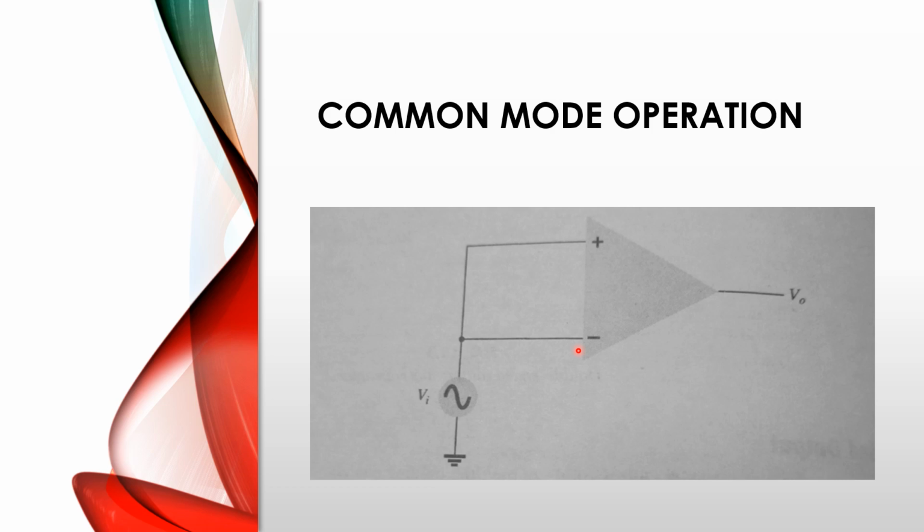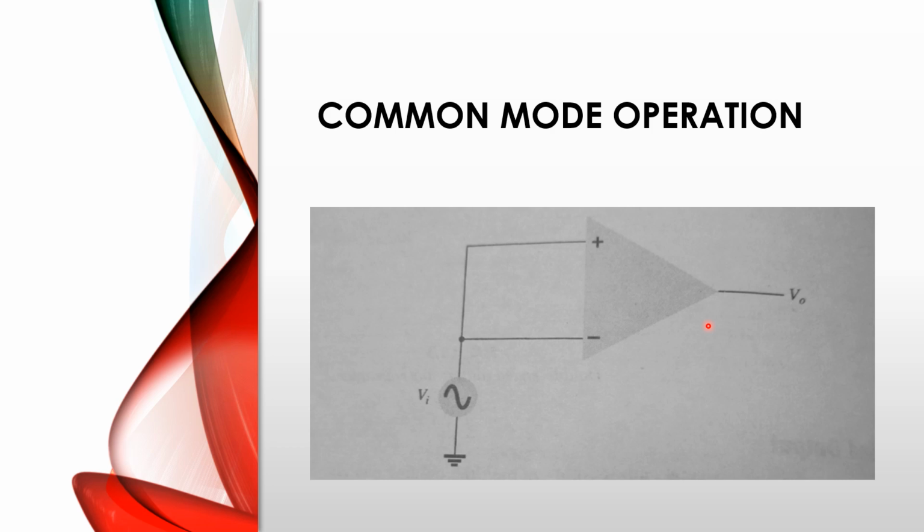So plus 5 volts and minus 5 volts cancel out each other and we get zero voltage output. That means ideally the two inputs are equally amplified, and since they result in opposite polarity signals at the output, these signals cancel out and we get zero voltage output.